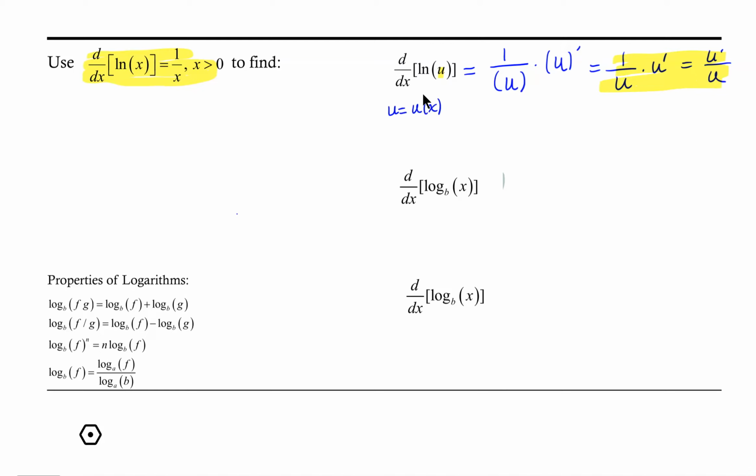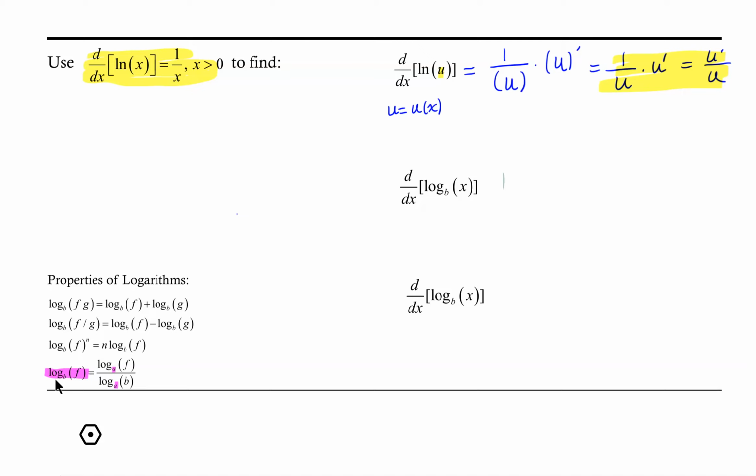Now let's look at how we deal with the derivative when our logarithm is some other base, some base b. Well, we're going to take advantage of a property of logarithms, the change of base formula, which says log base b of a function can be written as a logarithm in a different base, a base a.